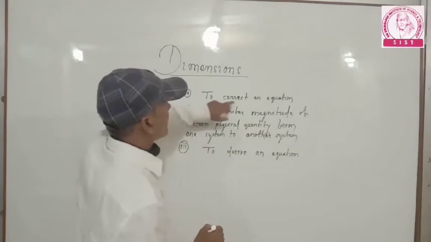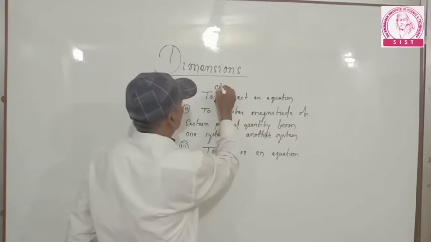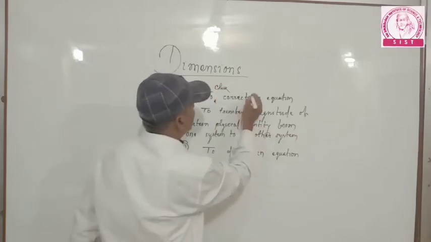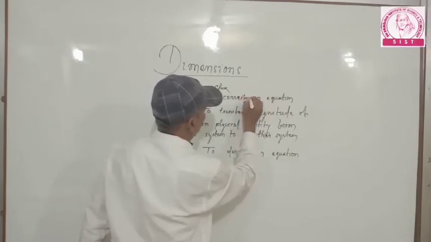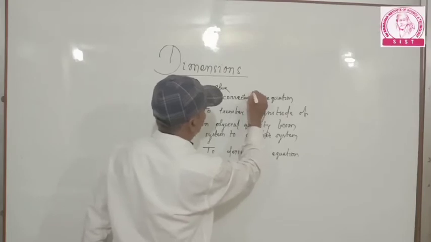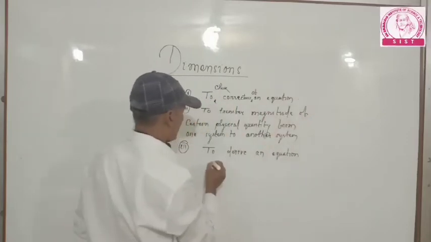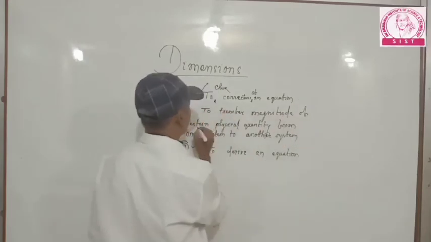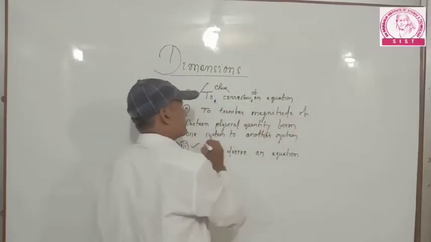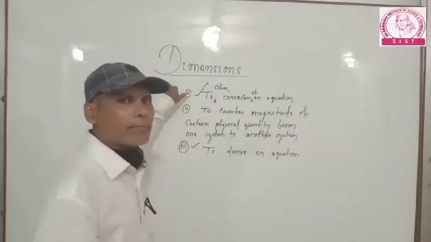Here you see, to correct an equation, or you may say to check the correctness of an equation, to derive an equation, to transfer the magnitude of a certain physical quantity from one system to another system. All the three things can be performed by dimensional analysis.